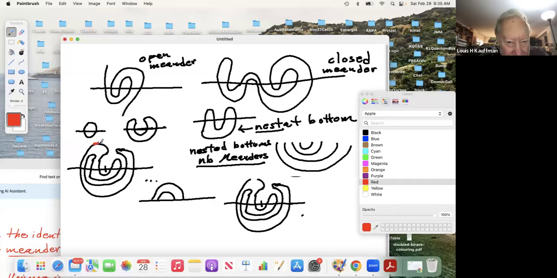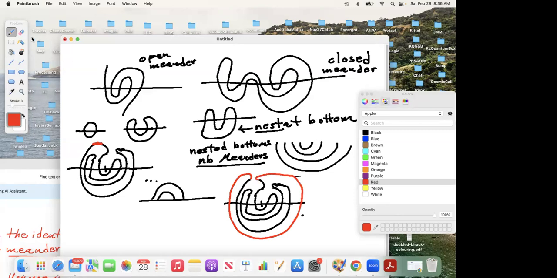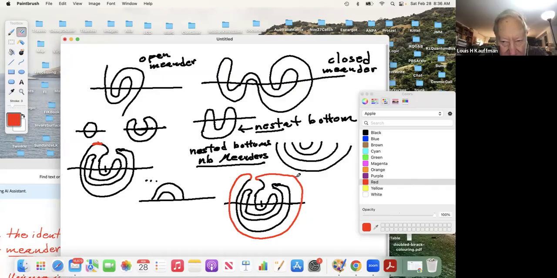So I'm going to concentrate on some arc that's available to the outer region, and I cut it. And then I take that and I replace that arc by one that goes all the way around through the bottom and back to the top. It looks like a stabilization of a braid. Sure, it does, yes.